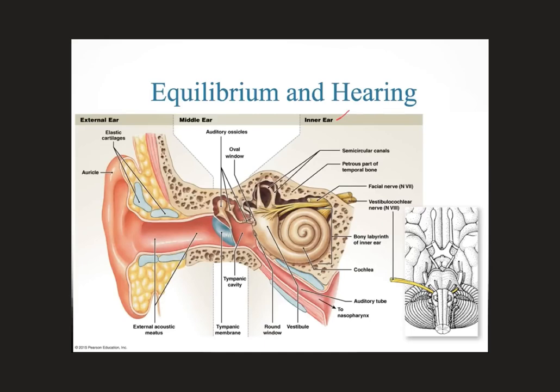And within the lining of the external acoustic meatus, you're going to have a gland that's called a ceruminous gland. This gland, the ceruminous gland, is going to produce what we call cerumen, which is your earwax.